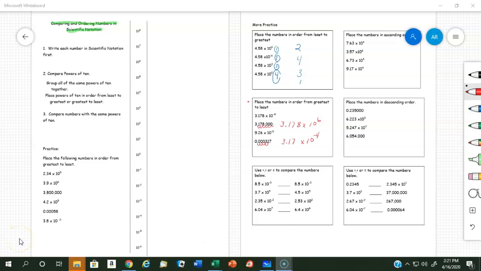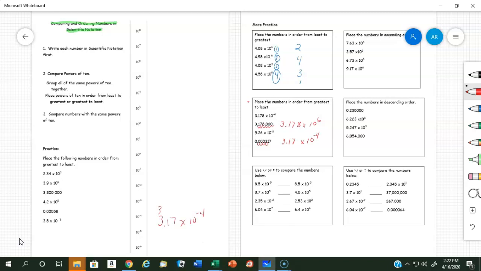Okay, so what I'm noticing is that I have 2 of them that are in the 10 to the negative 4. So I have to really decide which one is smaller or larger. I have 3.17 times 10 to the negative 4th, and I have 3.178 times 10 to the negative 4th. The smaller one is this 3.17, so I'm going to stack that up here: 3.17 times 10 to the negative 4th.